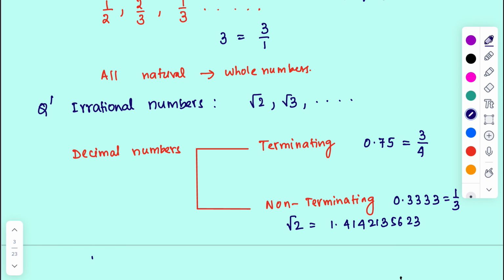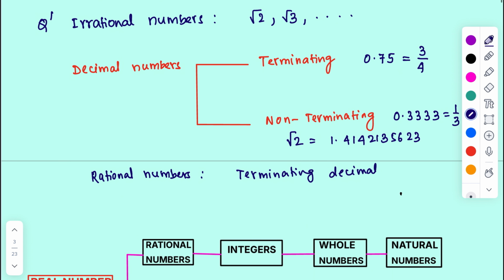Actually, what are the rational numbers? Terminating decimal numbers are rational numbers, and non-terminating but recurring decimal numbers are also rational numbers.